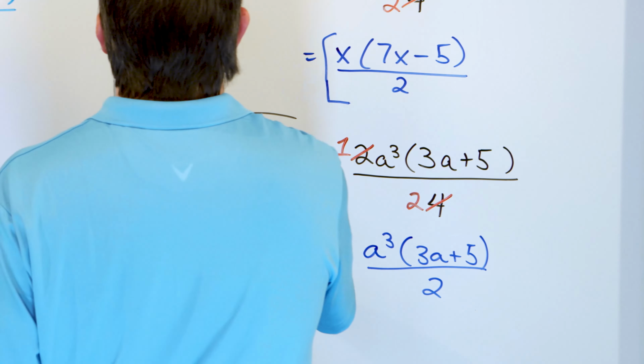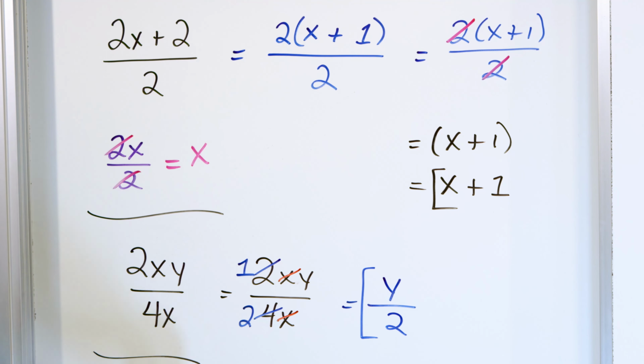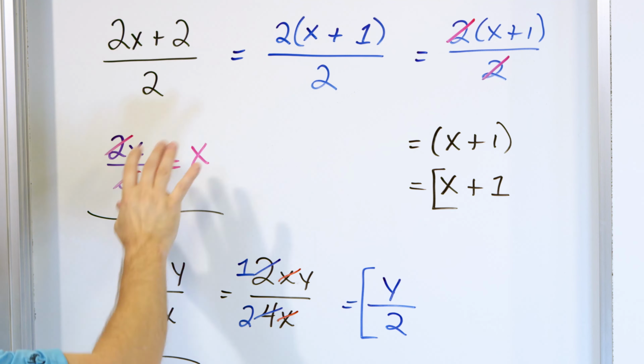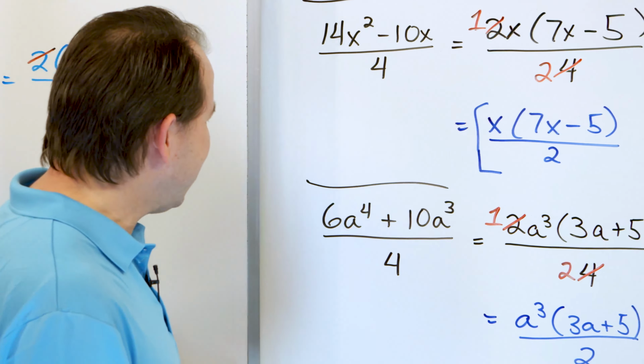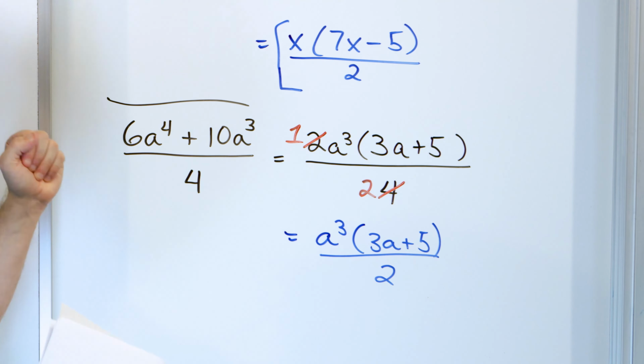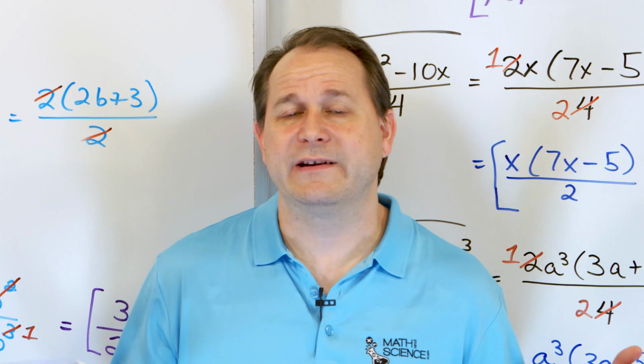So again, take a look at where we've come from. We've come from pretty simple little problems like this, very simple things to factor. And then we've moved on gradually so that now we have multiple exponents, multiple letters, and variables that we have to factor out and try to cancel.